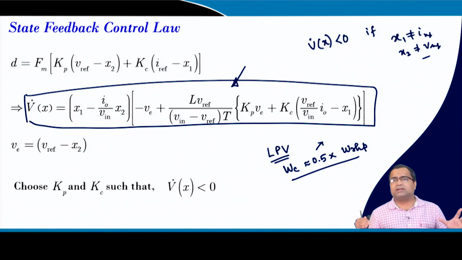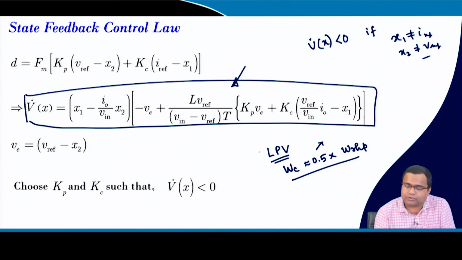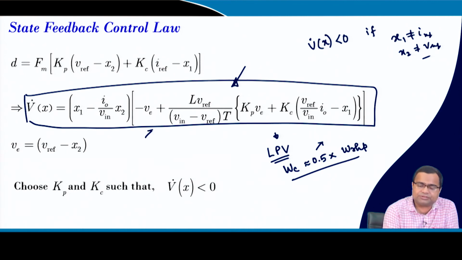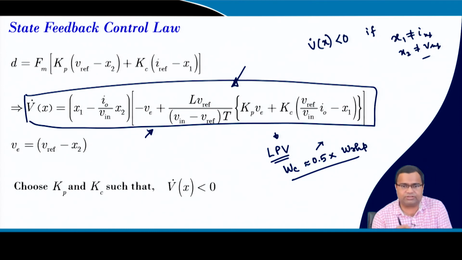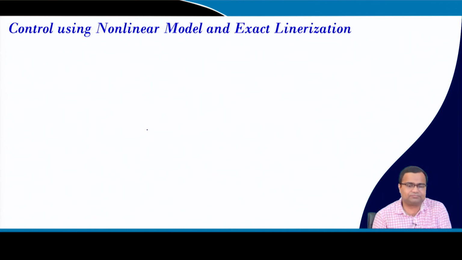Under what condition? The top switch will turn on and your voltage will collapse and the inductor current will keep on rising. So, with the linear model, the only difficulty is we cannot push the model validity further, but here since we are using a Lyapunov function, we can ensure the large signal stability using this nonlinear model.